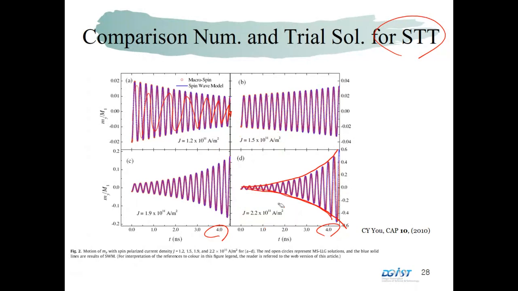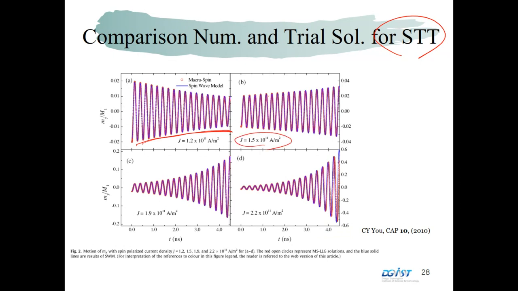Yeah, when we have an external current, there is some excitation of the magnetic moment, but there is also a damping force. So if your current is not large enough to overcome the damping, the moment is going to damp. But in this case, the damping is much slower than the natural damping without current. That means the STT acts like an anti-damping, so it can reduce the damping constant.